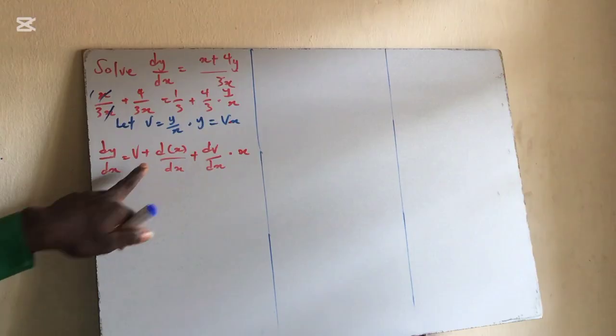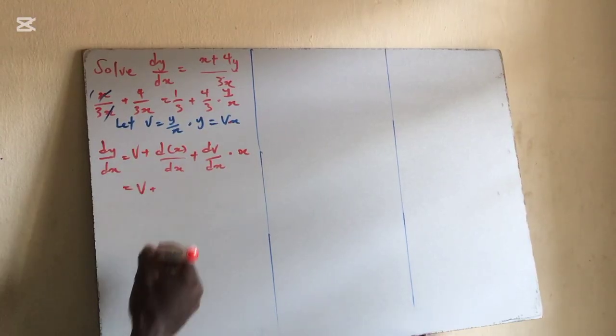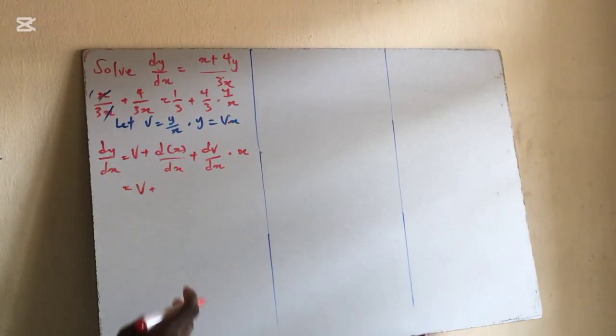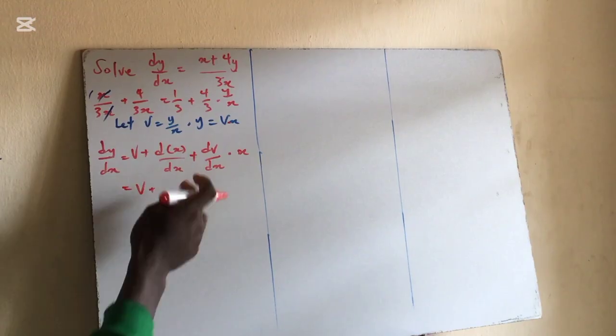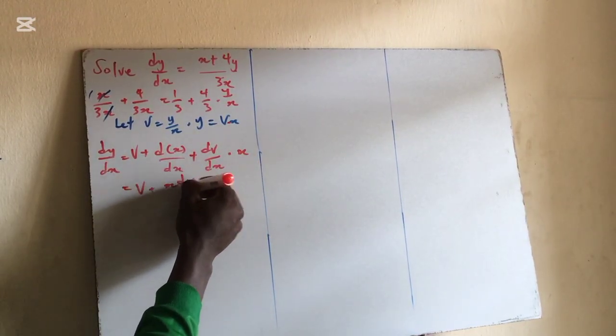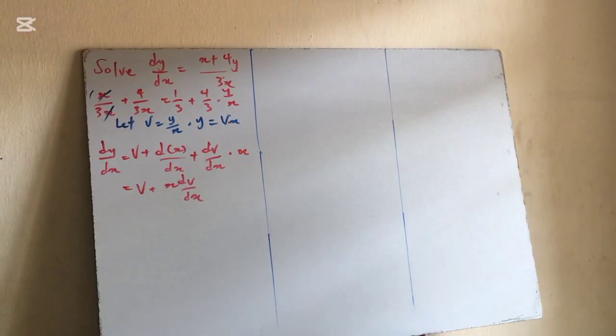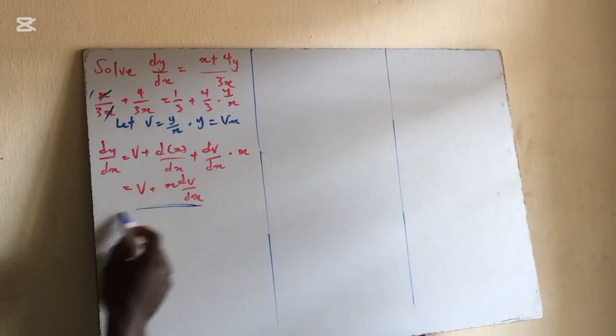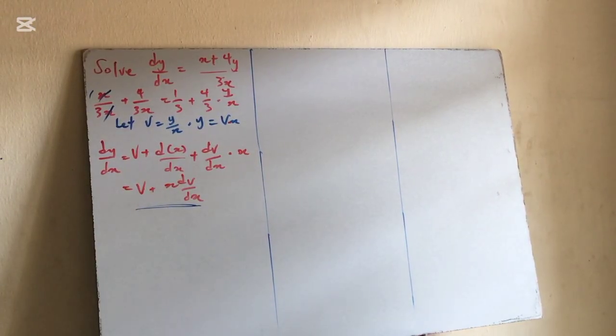So we are going to be having v plus, differential of x will give us 1, so we are not having anything there again. So x dv/dx. So this is how we came about this formula, product rule, in our notes.